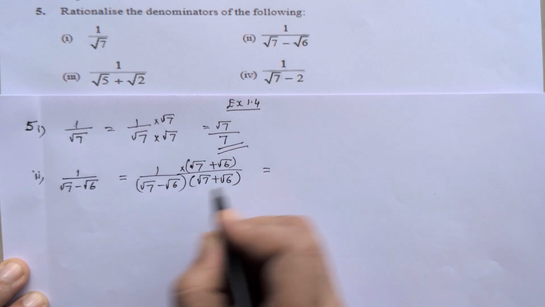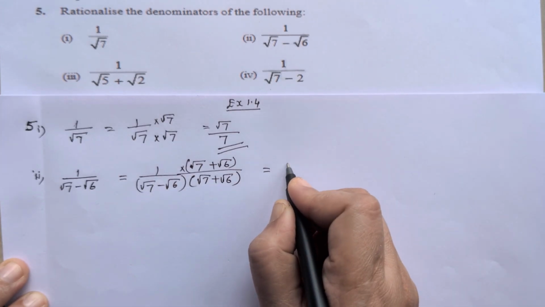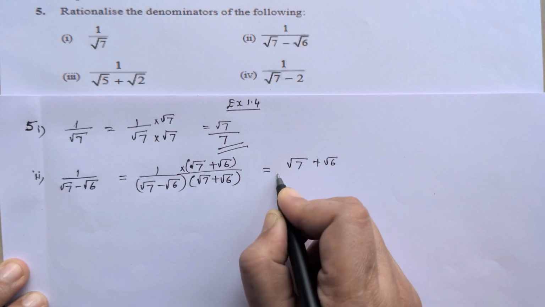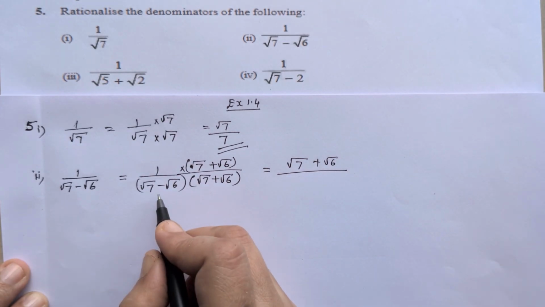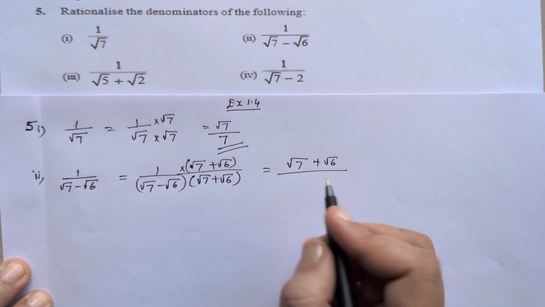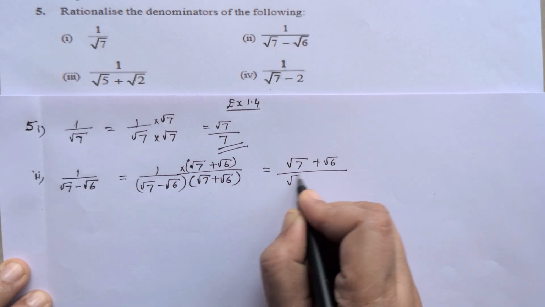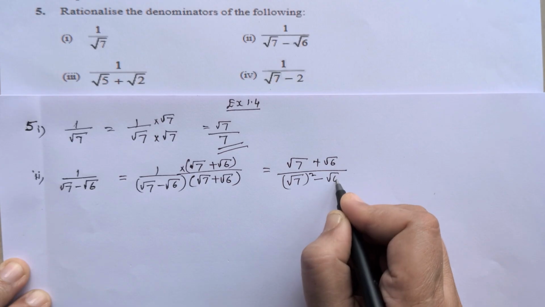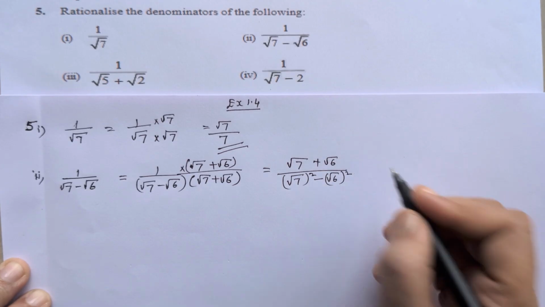So when we multiply, the numerator will come the same: root 7 plus root 6, divided by the denominator. Here this is the form (a minus b) into (a plus b), which is a square minus b square. So we can write that as root 7 the whole square minus root 6 the whole square.